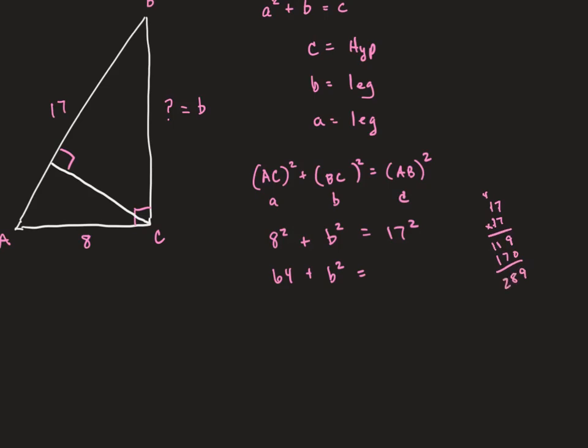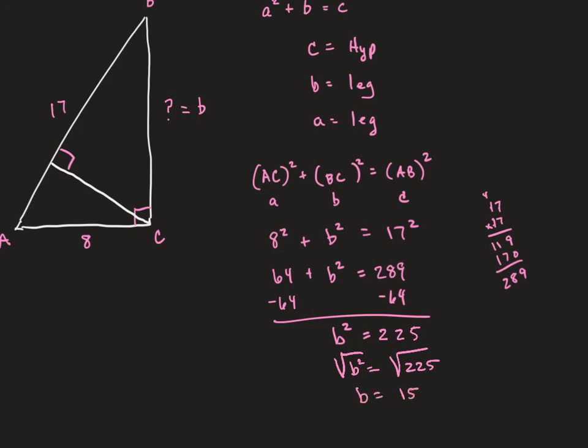Yeah, I knew that. 289, so we do our inverse operations. And we end up with B squared is equal to 225. So we end up doing the square root of B squared equals the square root of 225. So B is going to be equal to 15. Right there, square root of 225 is 15.